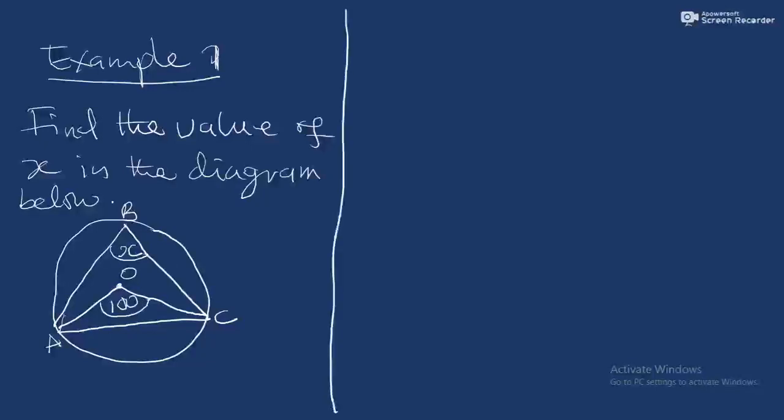So now let's look at the solution. So we have to find the value of x in the diagram below. So mind you, in this diagram, O is the center. Now you should be aware with these circle theorem questions, if O is not stated as the center, you don't assume it's the center.